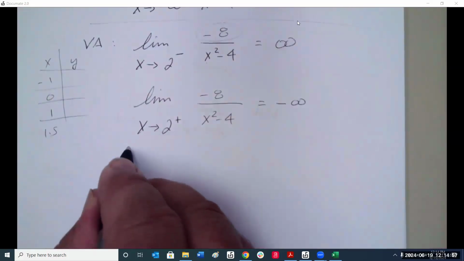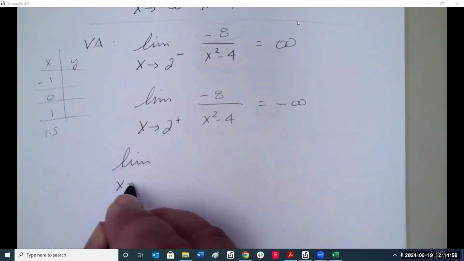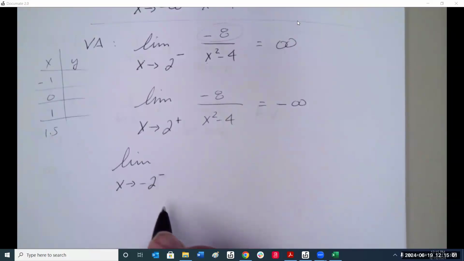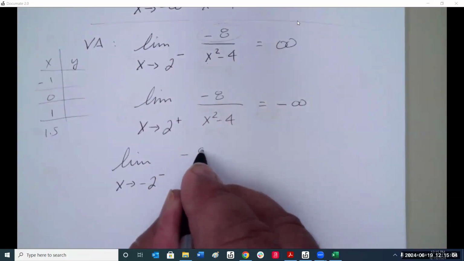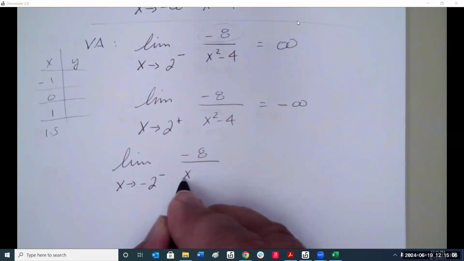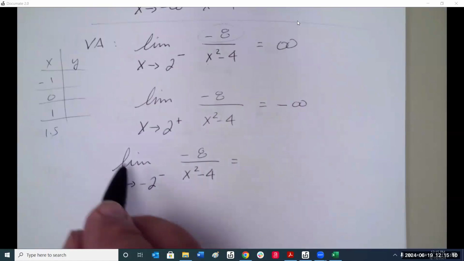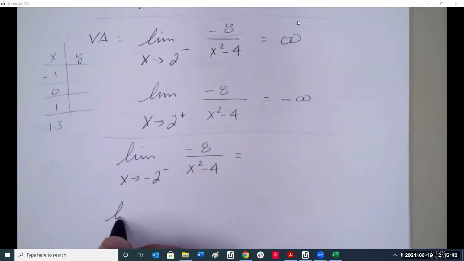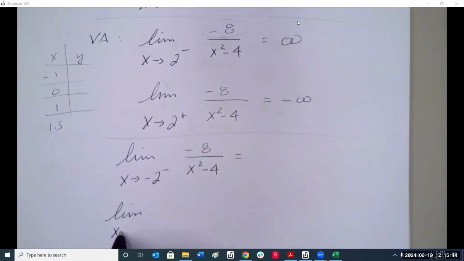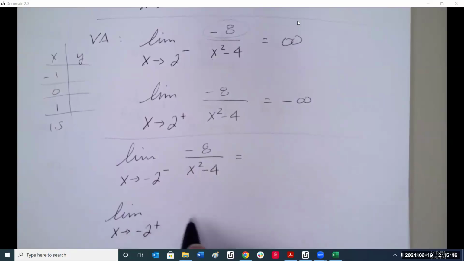Now we've got to try as x approaches -2 from the left. And then we've got to do the limit as x approaches -2 from the right.